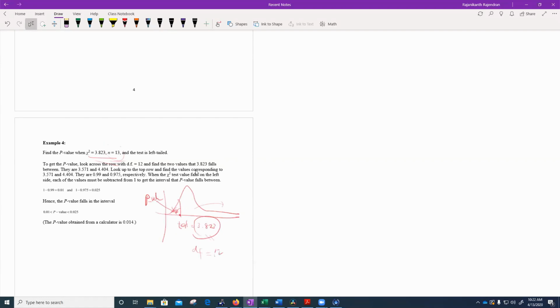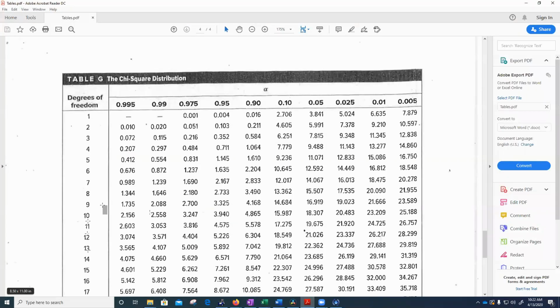So I am looking for the chi-square value inside the table with 12 and 3.82. 3.8 is somewhere between 3.571 and 4.404, which means between 0.99 and 0.975.